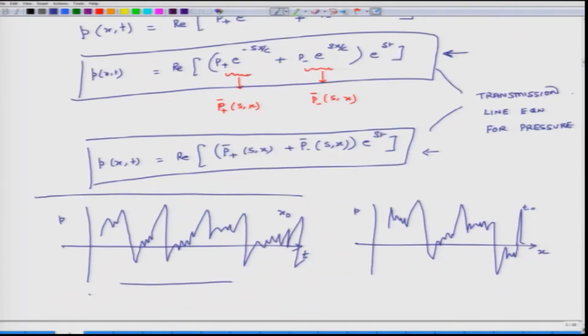So, this is my transmission line equation for pressure when I have just one single frequency going through the system. If I have a complex wave, then I add up all these different frequencies which it is made up of, and I can get a complex wave pattern in the tube. So, that is the reason I am using a single frequency.